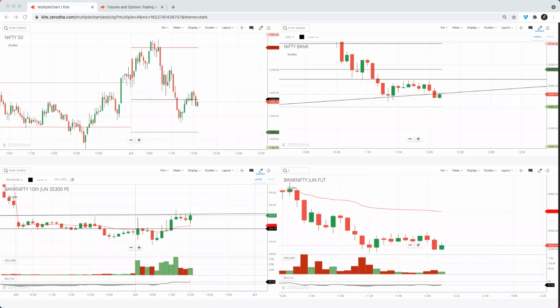So two things are going hand in hand. Whenever we are tracking the major banking sector stocks, we are also preparing ourselves to trade in Bank Nifty, right? Both things go hand in hand.